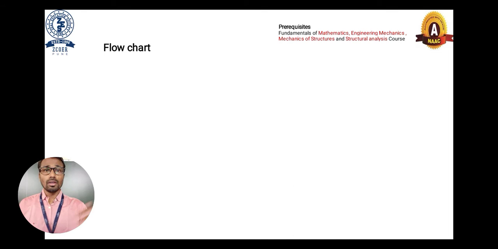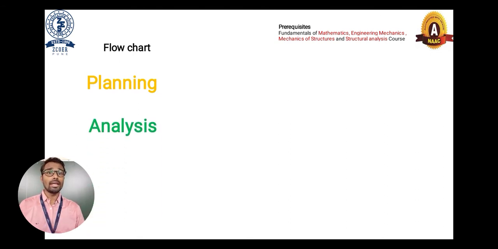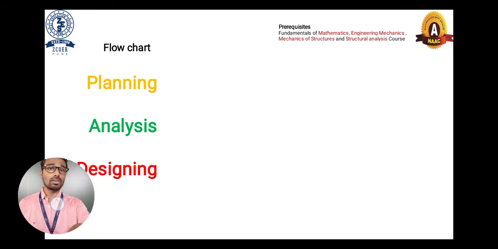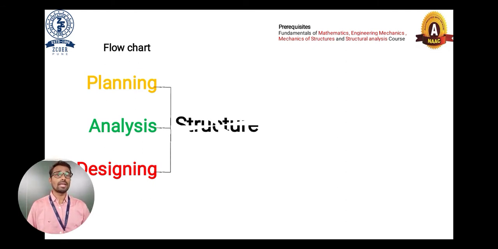Now, the flow chart: how does a structure come into existence? For that we first plan, then analyze, then design. This is the pattern by which a structure comes into existence. In combination, our structure comes into existence in the world.